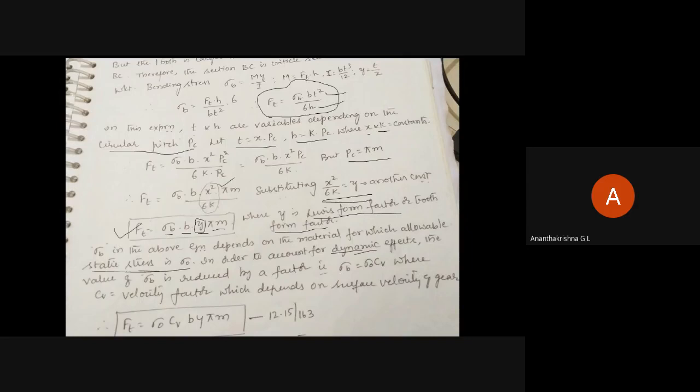That factor is denoted as CV, which is called the velocity factor, which depends upon the surface velocity V of the gear. So now, replacing sigma b by sigma naught into CV, I get the modified equation for tangential force, given by Ft is equal to sigma naught CV b y pi into m.